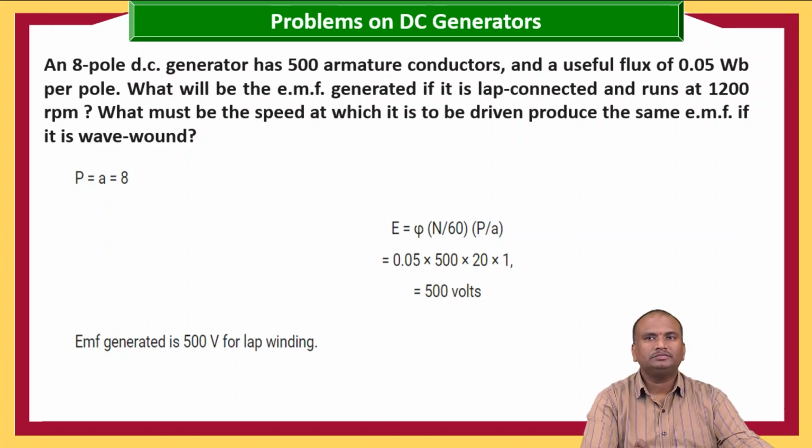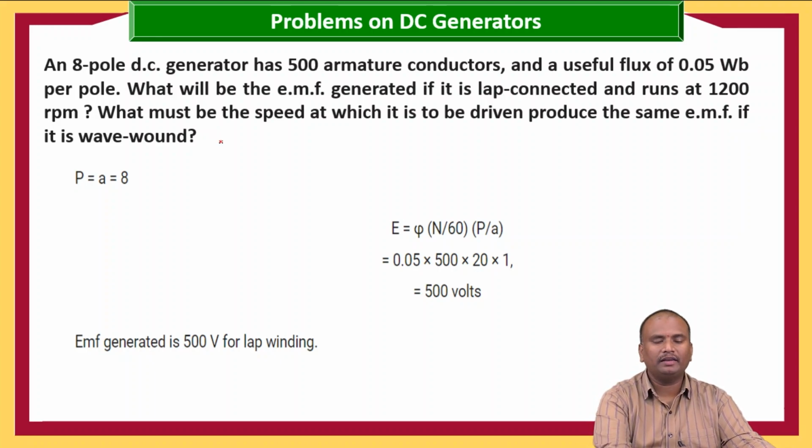Here the data given, number of poles is equal to number of parallel paths, which is equal to 8 because it is a lap connected system.